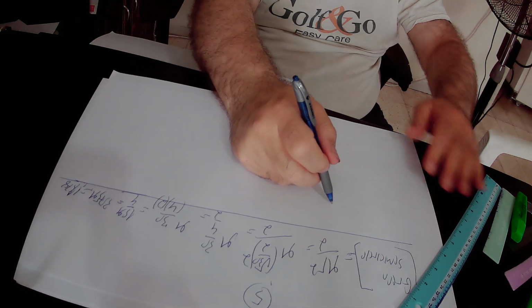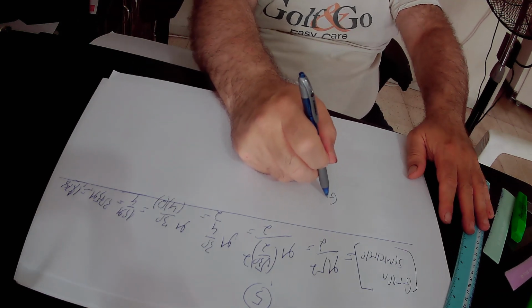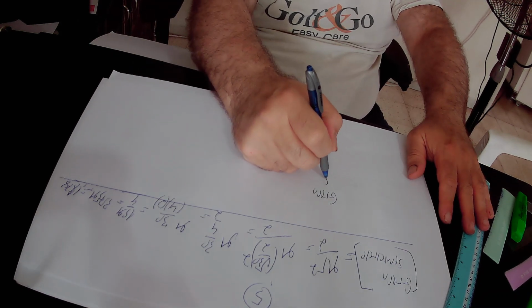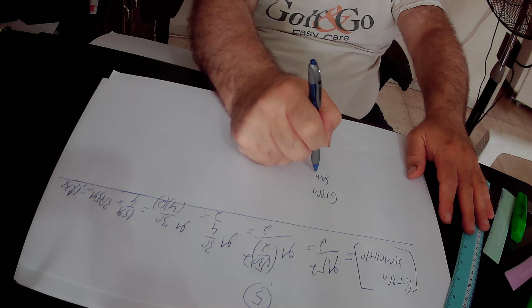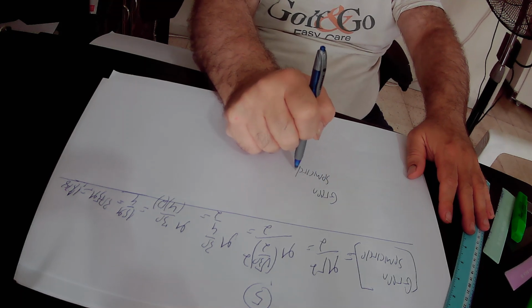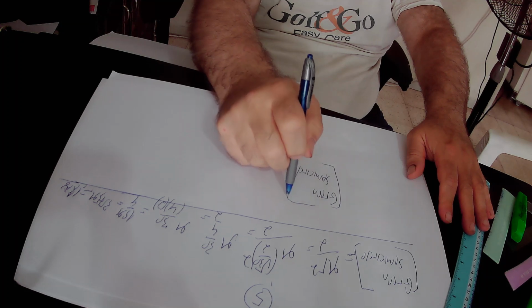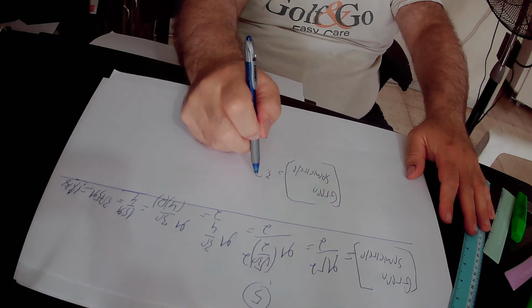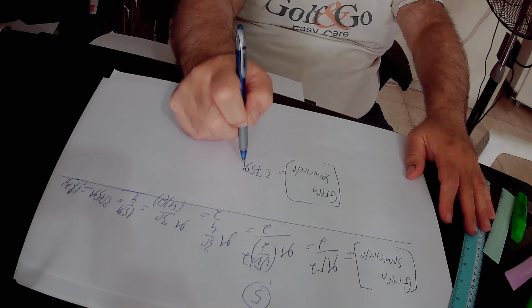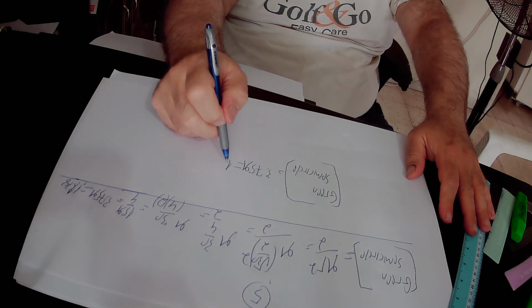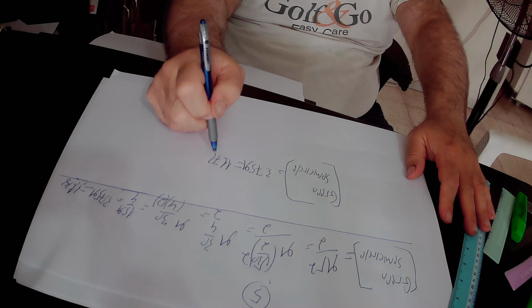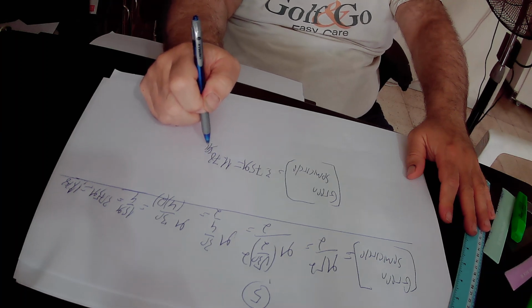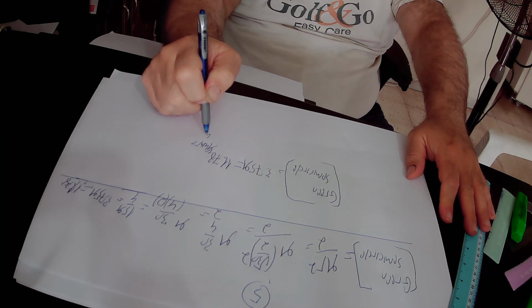In conclusion, we find that the area of the green semicircle equals either 3.75 pi square units, or in terms of numbers, 11.78 square units.